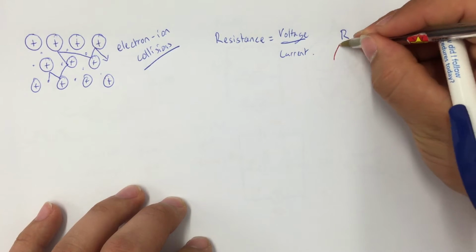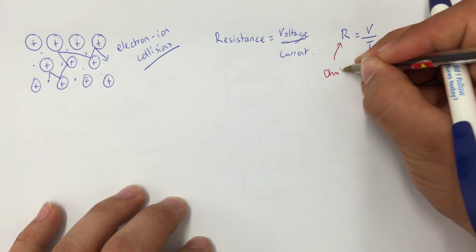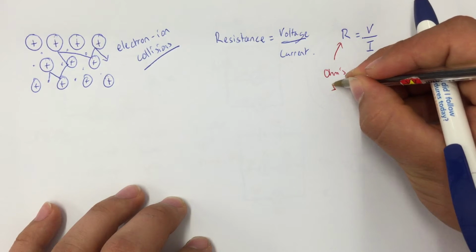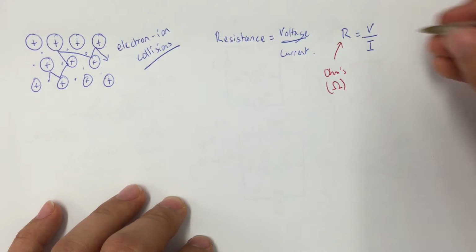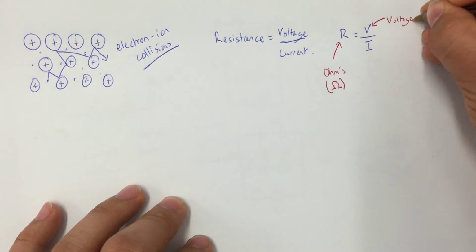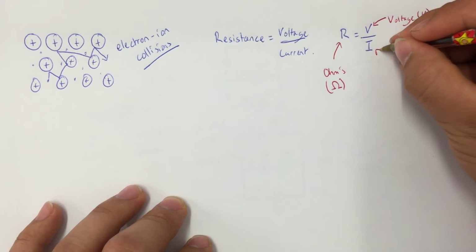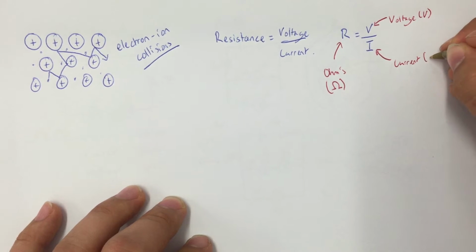And we measure resistance in ohms, the symbol of which is omega, which is a Greek letter. We measure voltage or potential difference in volts, and we measure current in amperes.